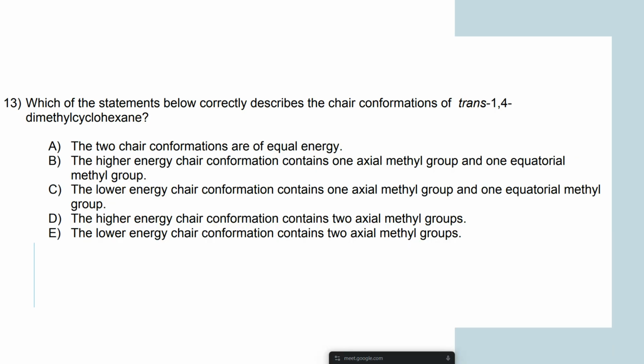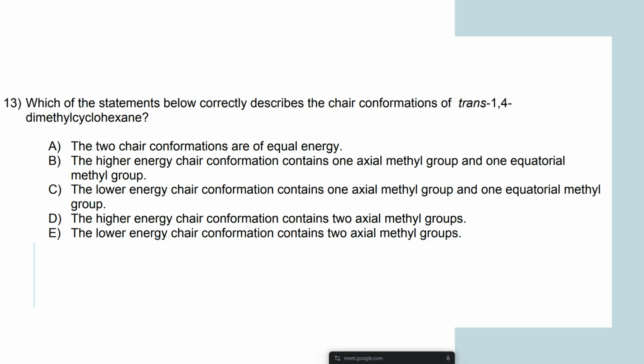The statements are: the two chair conformations are of equal energy; the higher energy chair conformation contains one axial, one equatorial methyl; the lower energy chair conformation contains one axial, one equatorial methyl; the higher energy chair conformation contains two axial and the lower energy chair conformation contains two equatorial.